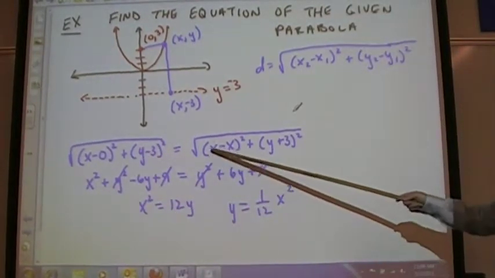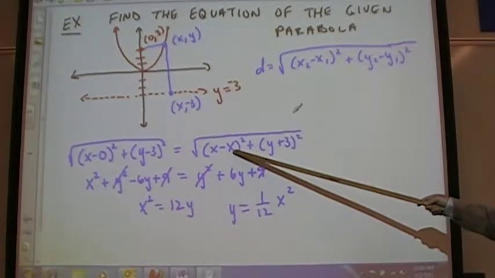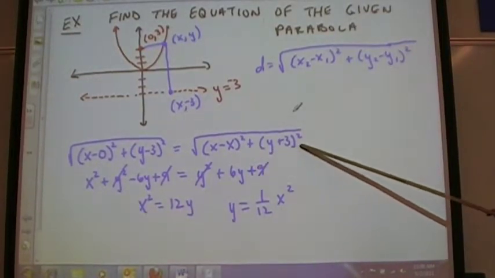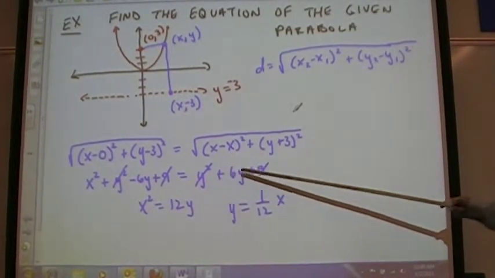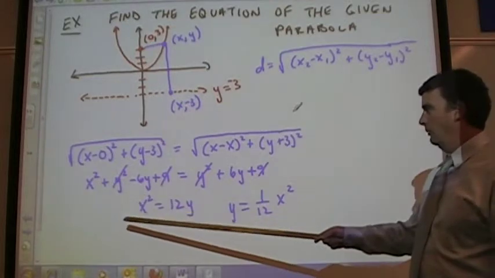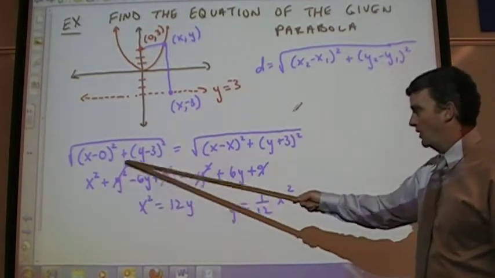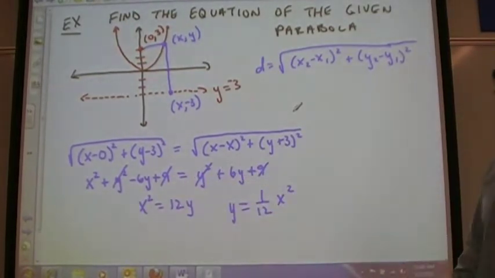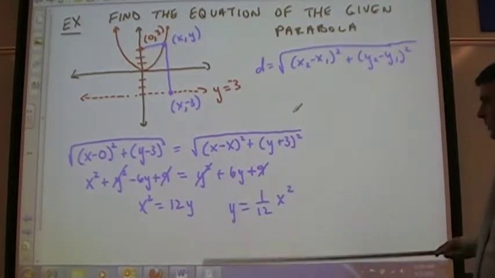Same thing over here. What's x minus x? 0. 0 squared is 0. What's y plus 3 squared? y squared plus 6y plus 9. All right, and then just solve from there. Or simplify first. The y squares will cancel out on both sides. The 9's will cancel out on both sides.